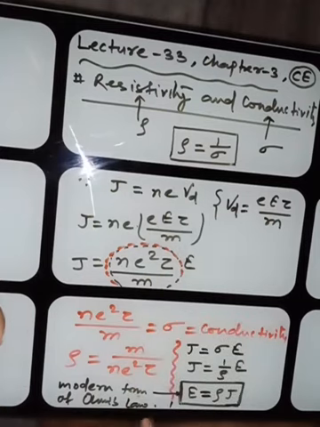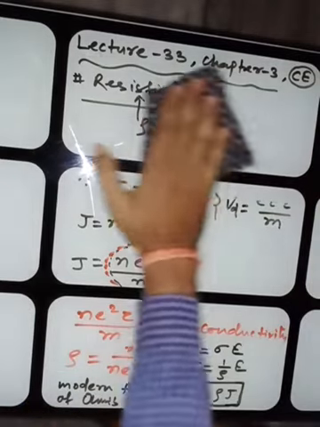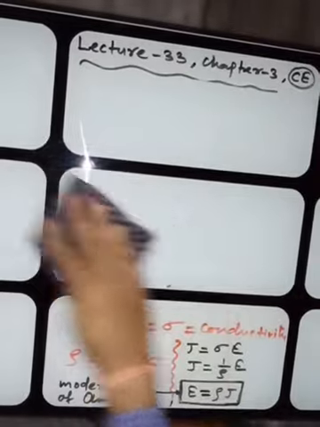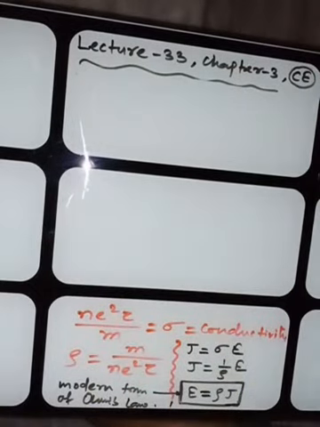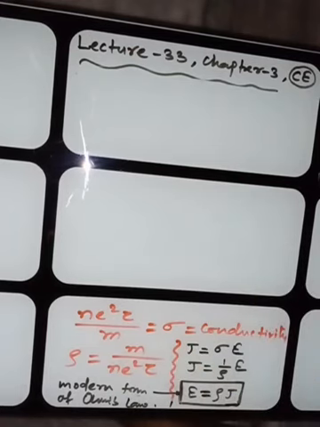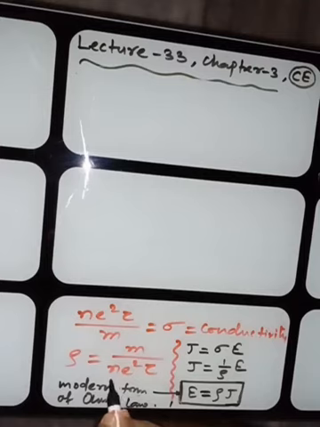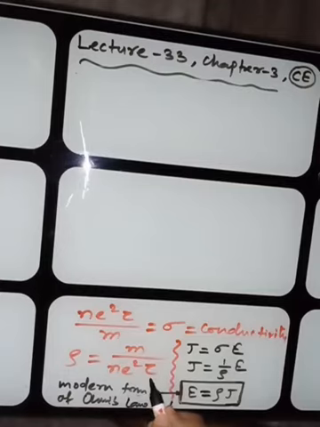Now, about this resistivity, let me talk in very simple words, because we have to use this resistivity later on. You can see this resistivity depends upon m, the mass of the electron charge carrier, n, the number density, e, the charge of the electron, and tau, the time of relaxation.